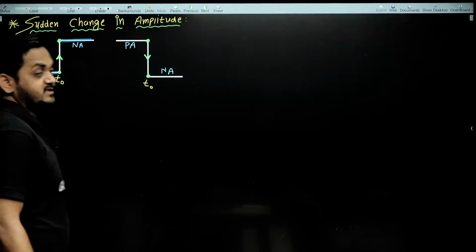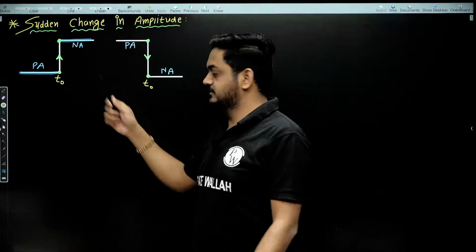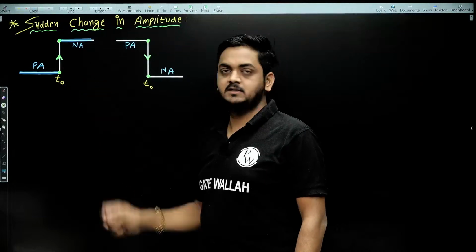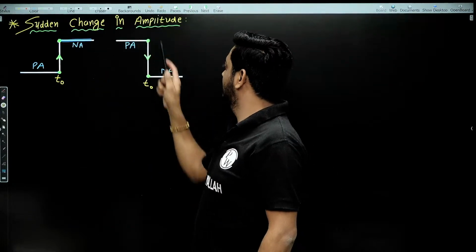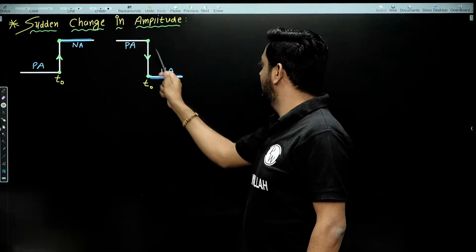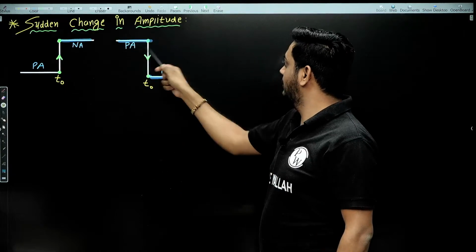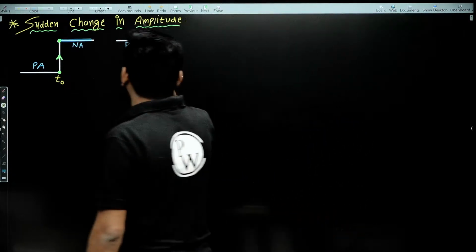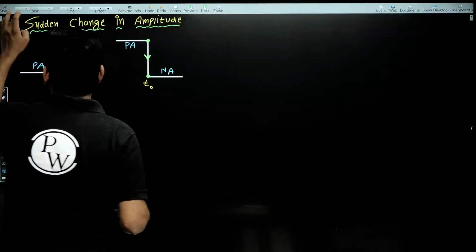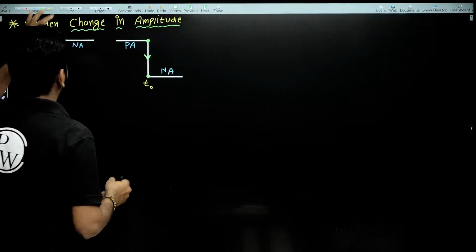So you have to find the change in amplitude at T naught. Change in amplitude is next amplitude minus previous amplitude. Similarly in this one also, this is the next amplitude and the previous amplitude, next amplitude minus previous amplitude. So here you have to find the change in amplitude at T naught.